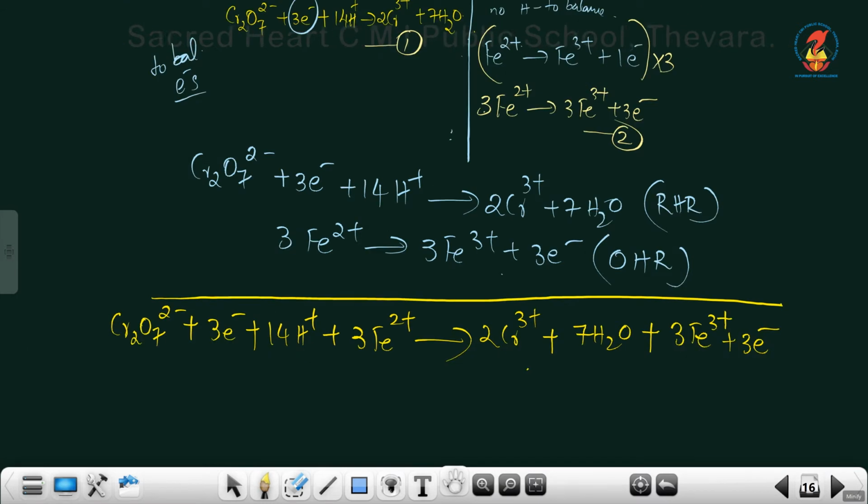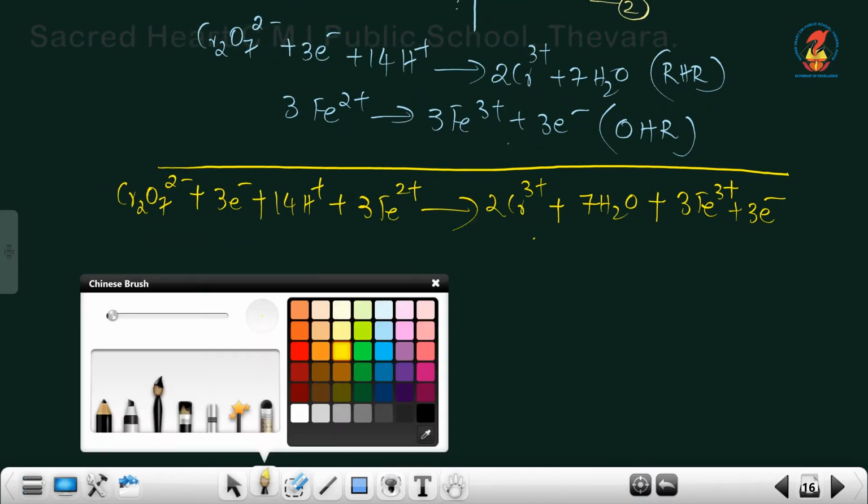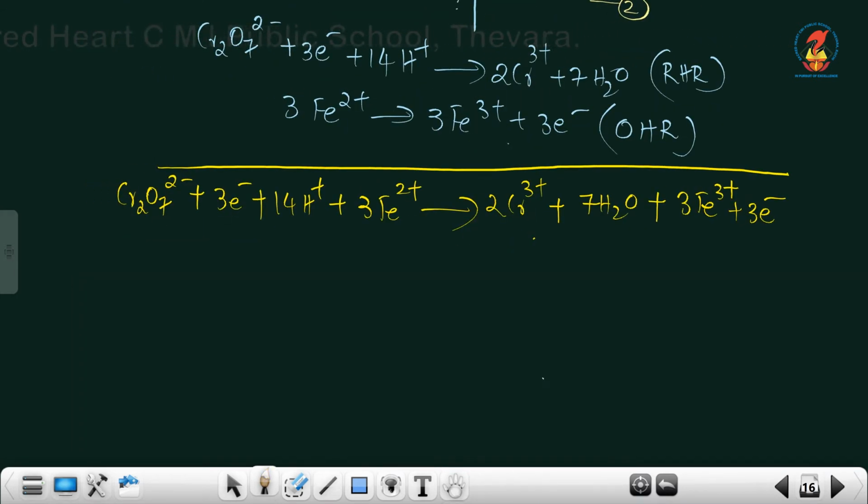Now from this equation, to get the final equation, cancel the common terms. That means the 3 electrons will cancel. There is nothing else to cancel.